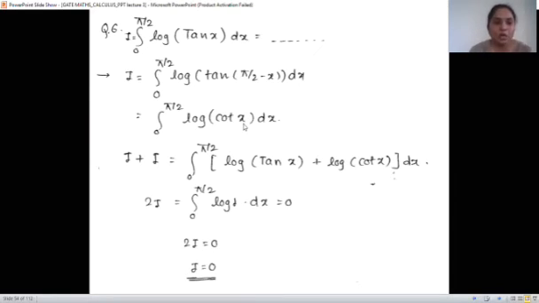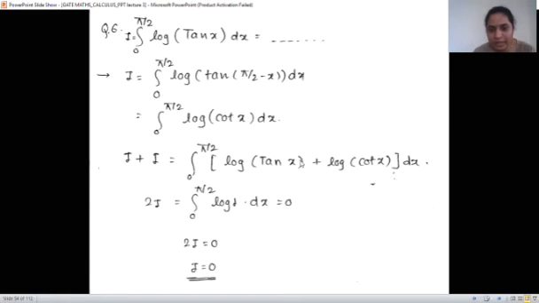I is this now. And if we add I plus I, our previous I is integration 0 to pi by 2 log tan x, and now we have found it as integration 0 to pi by 2 log of cot x dx. So the integration is common, log a plus log b is log a into b, that is tan x into cot x.